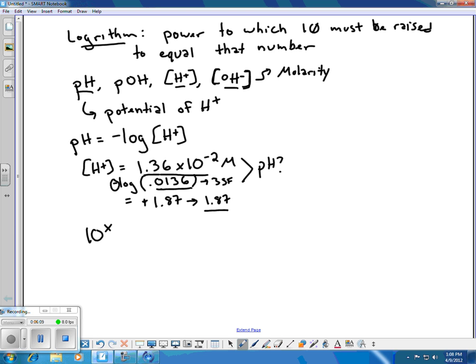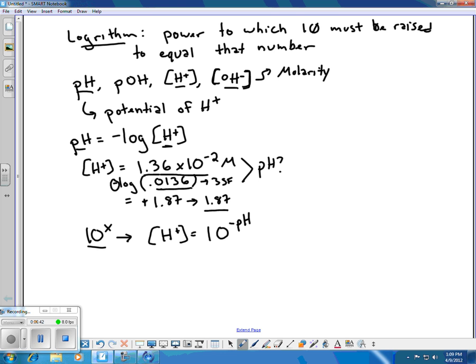What that means is that if instead of going from H plus to pH, we wanted to go the other way around, say I gave you a pH value and wanted to know the hydrogen ion concentration, the formula uses this relationship, 10 to the x, and it looks like this. If we wanted to know the molarity, because that's what these brackets mean, of the hydrogen ion concentration, I would take the number 10 and raise it to the negative pH power.